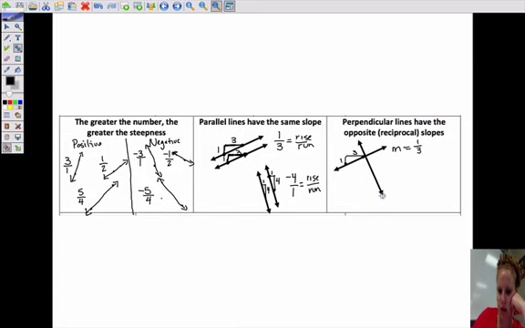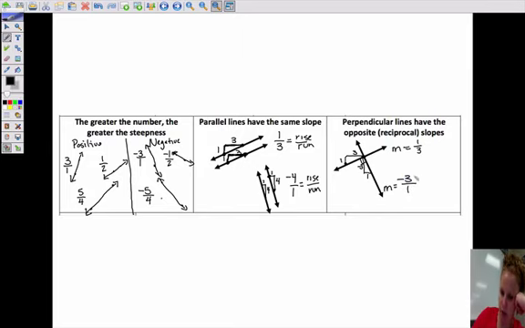So if they cross at a 90-degree angle, it looks like there, we'll make a 90-degree angle there. Then if this truly is a 90-degree angle, this line would go down 3 over 1. So it would have the exact opposite slope, down 3 over 1. So for this line, m would be negative 3 over 1.